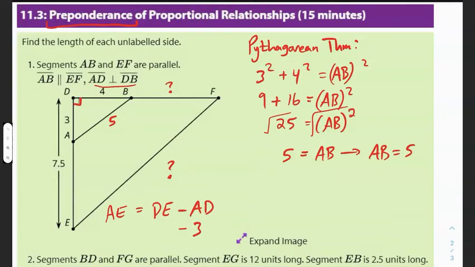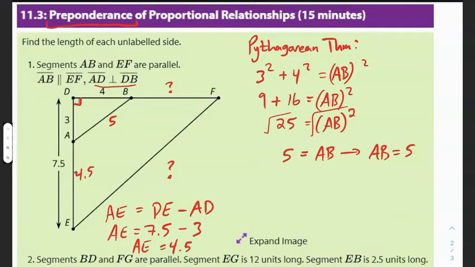DE, the whole long piece, right? This whole long piece is 7.5. That means AE is 4.5. Okay. Nice.